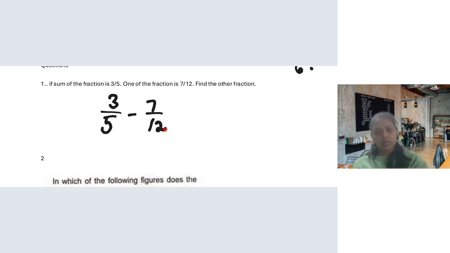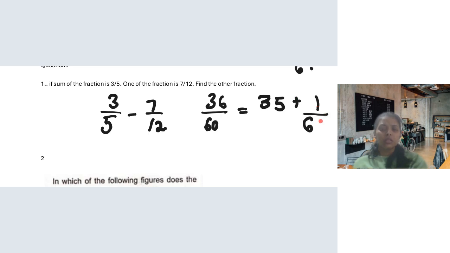So I get 36 upon 60 equals 35 plus 1 upon 60. 1 upon 60 was the missing fraction.